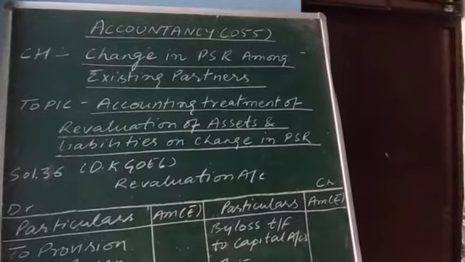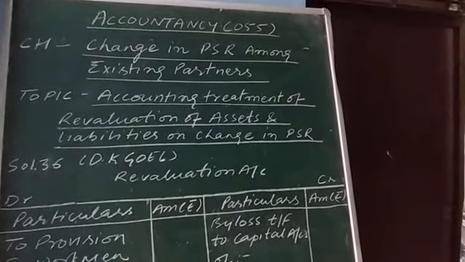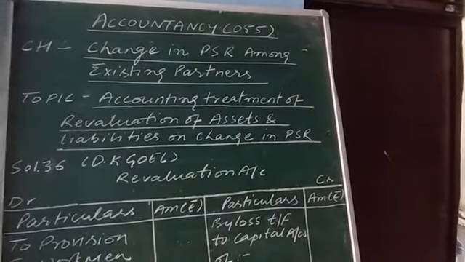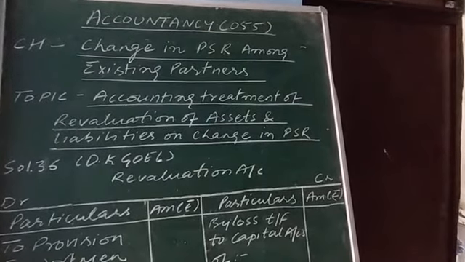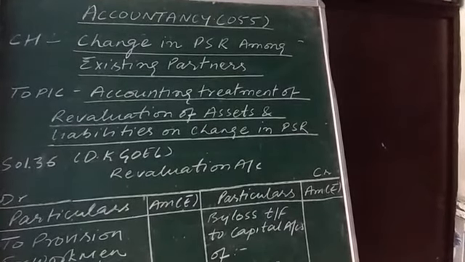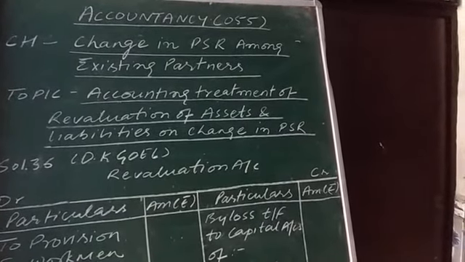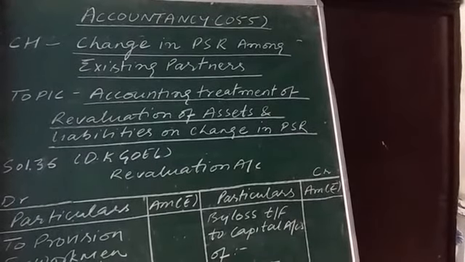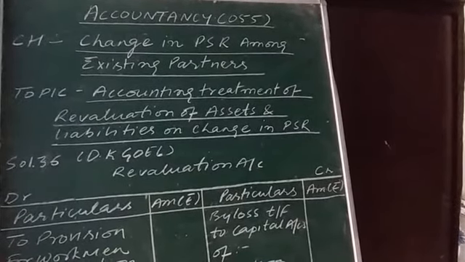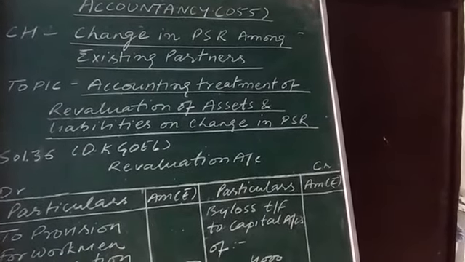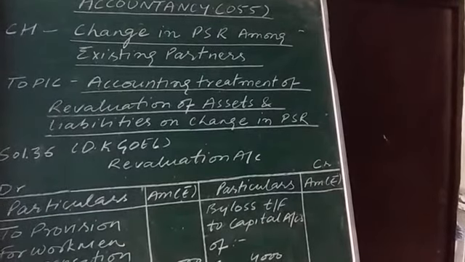As a quick revision, the revaluation account. If we are considering the debit side of revaluation account, then on the debit side, I have already explained you that the increase in liabilities is shown.